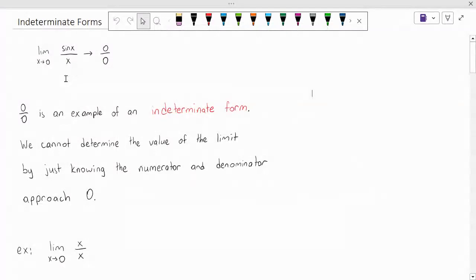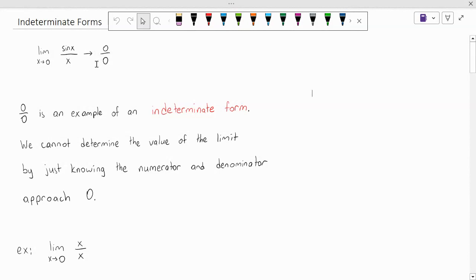All right. But let's look at this limit here. So it was limit as x approaches 0 of sine x over x. So if you try the same technique that we did in the previous two examples, and just try to plug in 0 for x, sine of 0 is 0, and then you plug in 0 for x, so you get 0 both in the numerator and in the denominator.